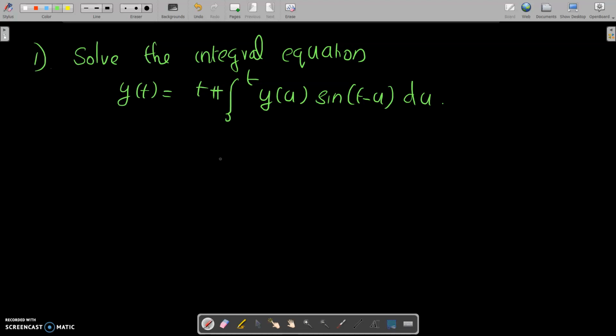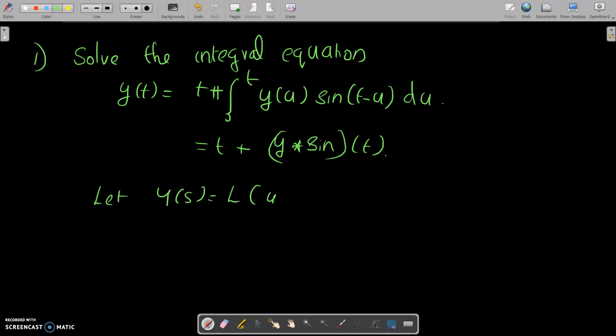Now what to do? This implies t plus, this integral of y of u into sin of t minus u, is y star sin of t. Let capital Y of s be the Laplace transform of y of t.